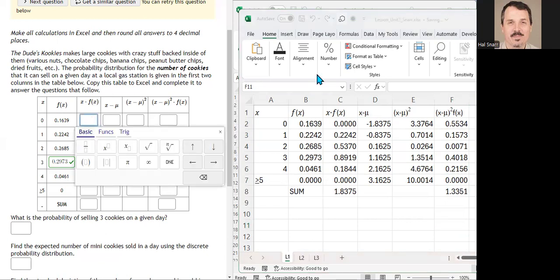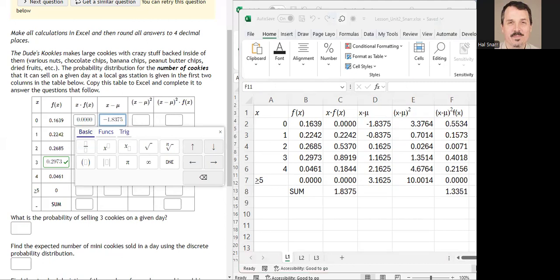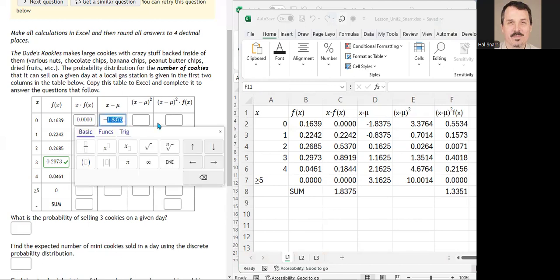So the first product of x times its probability is 0.000, right? The deviation from the mean, 0 minus 1.8375, is a negative 1.8375. All that means is 0 is below the mean, and it's below the mean by the amount of the mean, right?